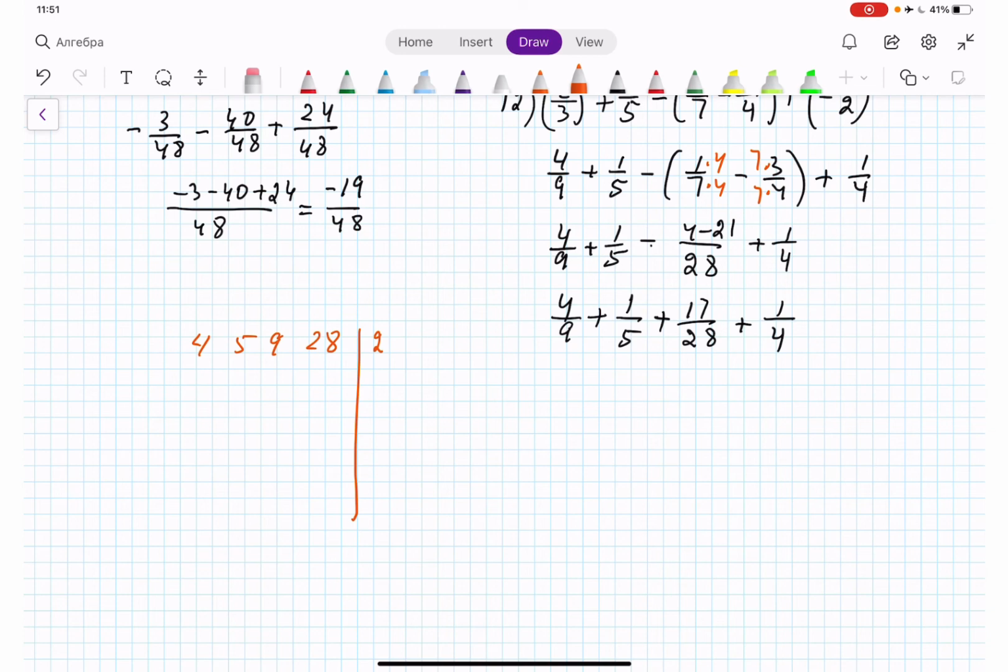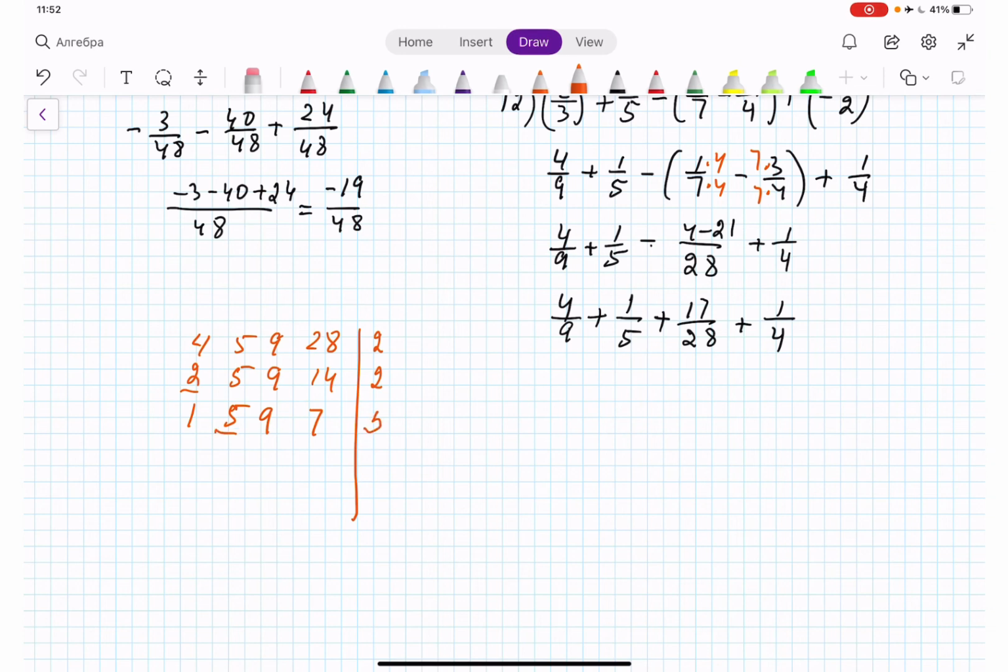So 4 divided by 2 is 2. 5 is not divisible, stays. 9 is not divisible. 28 becomes 14. Next, 2, dividing by 2 again, gives 1. I'm done with the first number. 5 is not divisible, 9 is not divisible, and here we get 7.